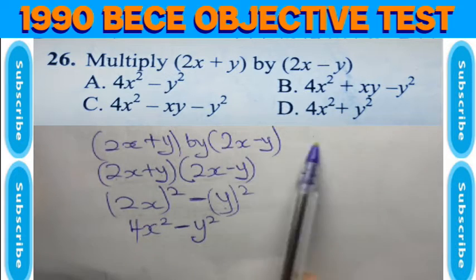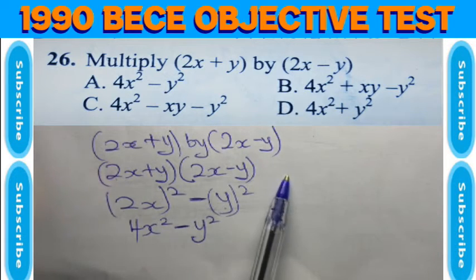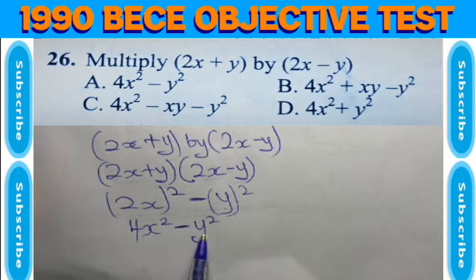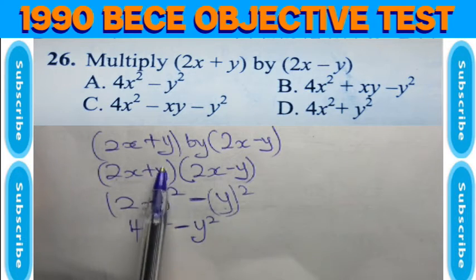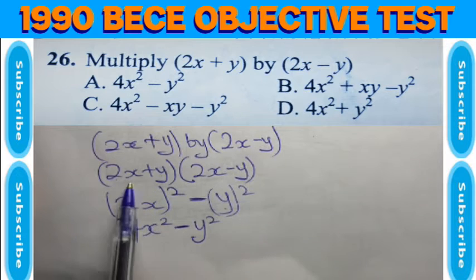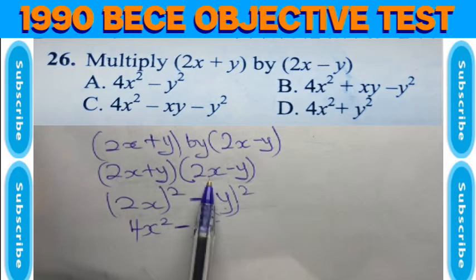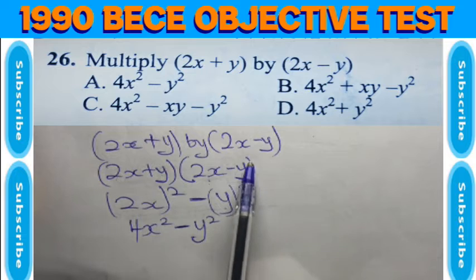So when you expand this, you have 4x squared minus y squared. This is the difference of two squares. The only difference between the two expressions is their operations. There is an addition sign and there is a subtraction sign. The expression here is the same as the expression here, and the expression here is the same as the expression here.